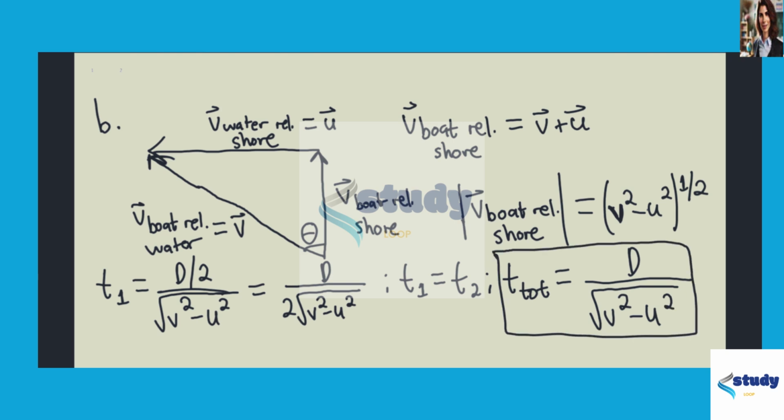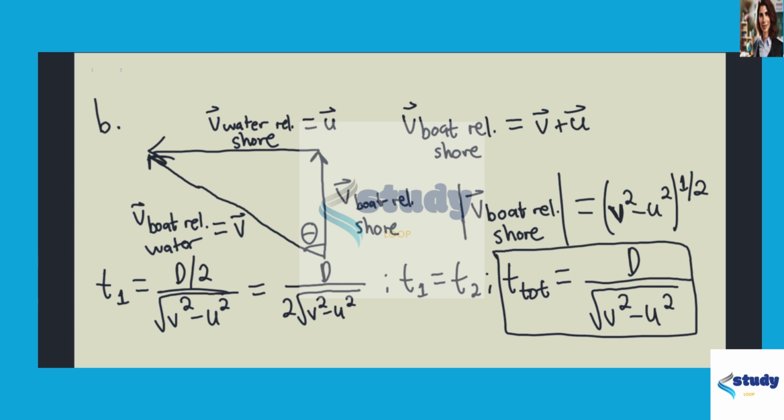Now, the speed v must be greater than the speed u because the velocity of the boat relative to the shore going upstream would be v minus u. So if the velocity of the boat relative to the water was less than the velocity of the water relative to the shore, that means that the water would be carrying the boat, and the boat would not move upstream whatsoever.